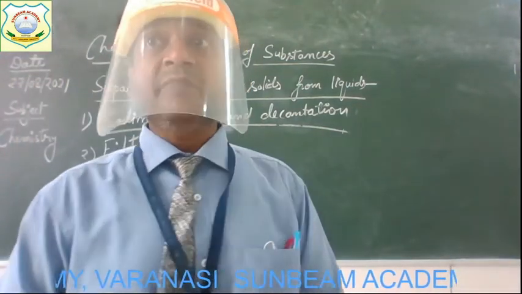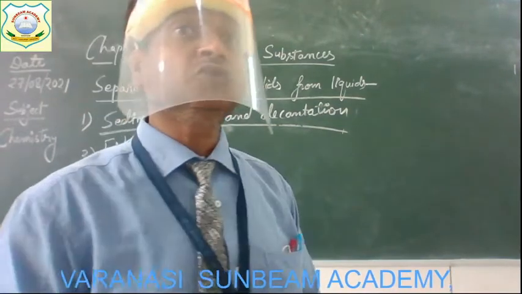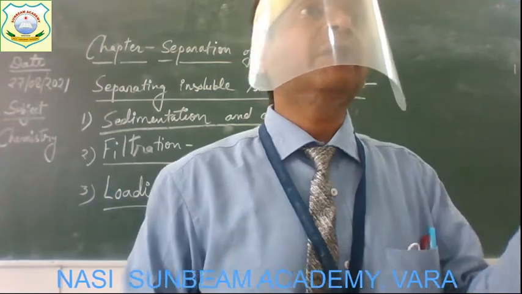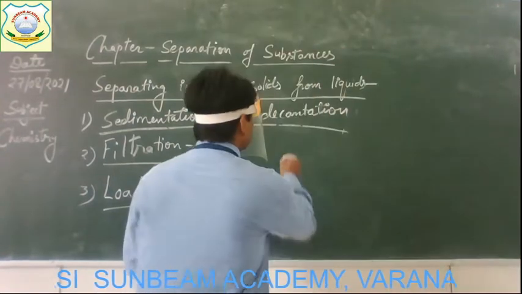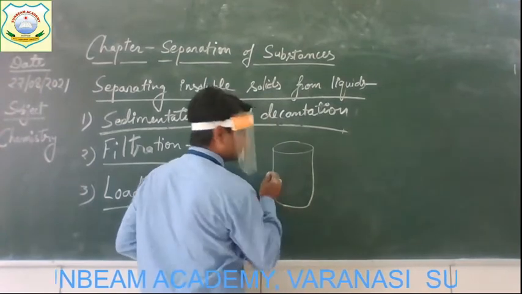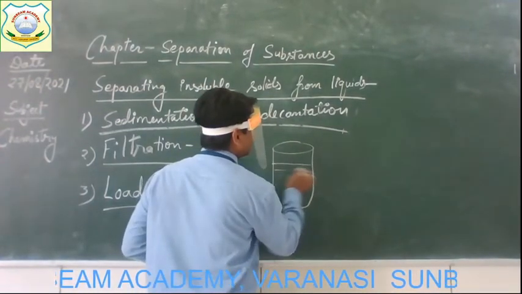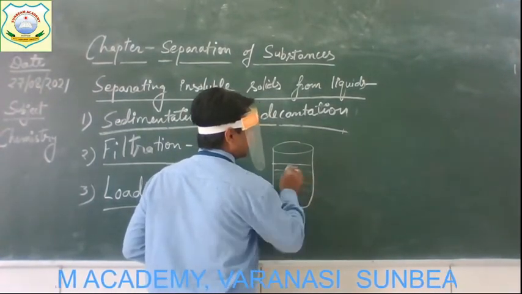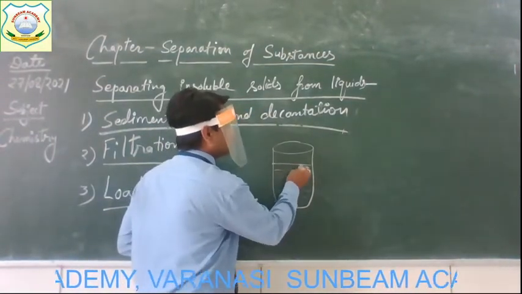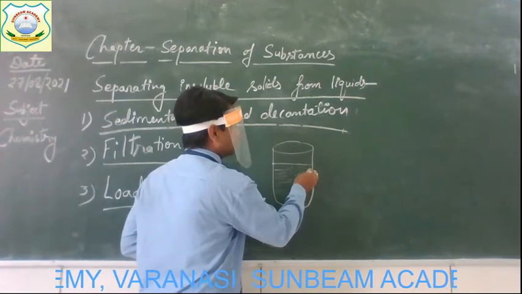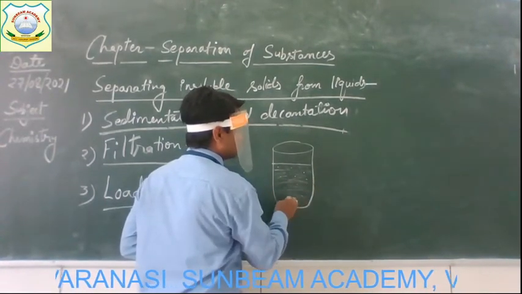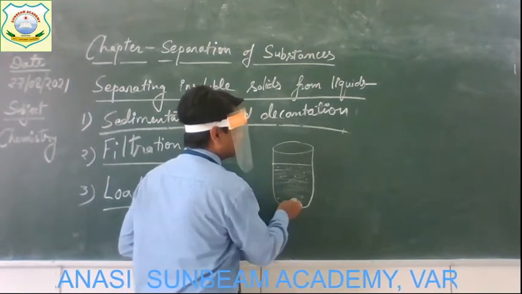Okay, and in this method, simply what we are going to do is increase the weight of the particles. Suppose we have this beaker in which water is there and very small, lightweight solid particles are present.